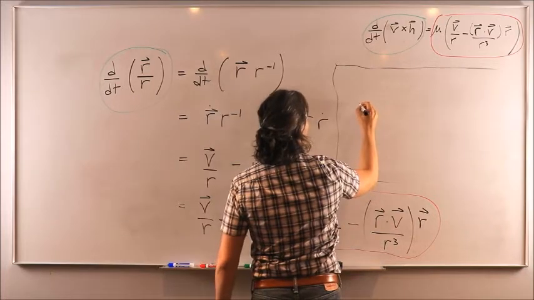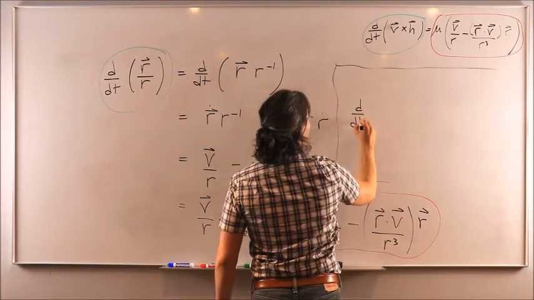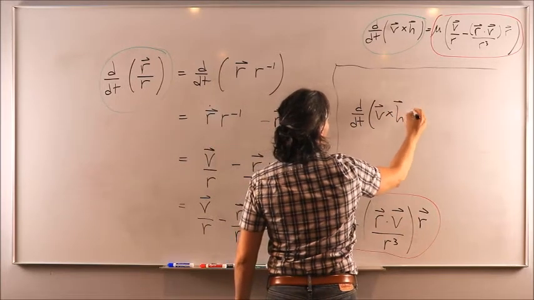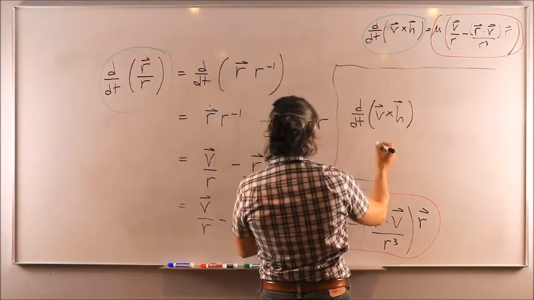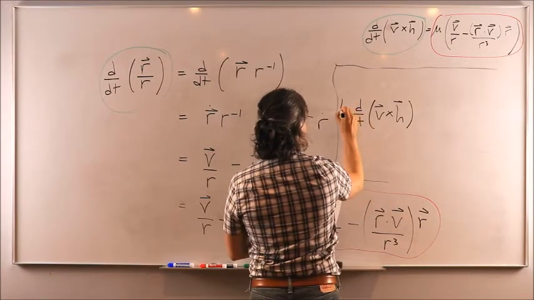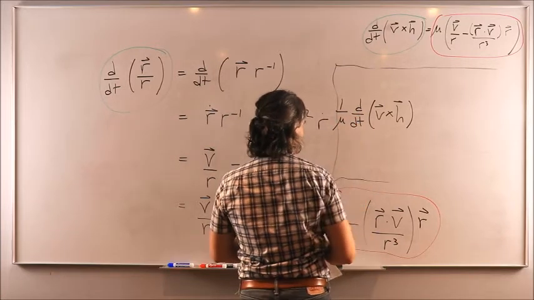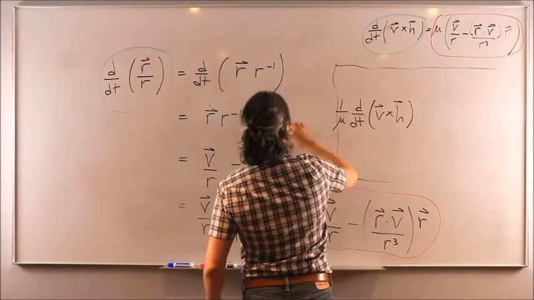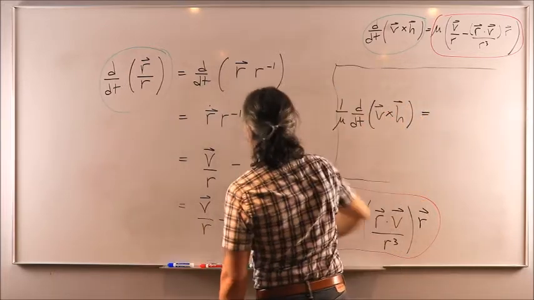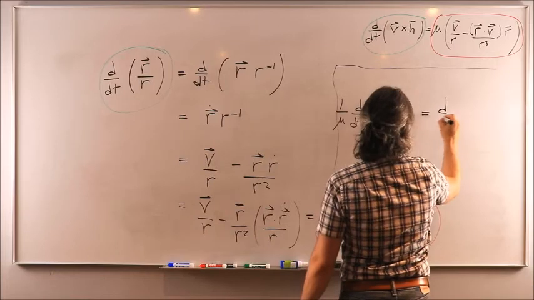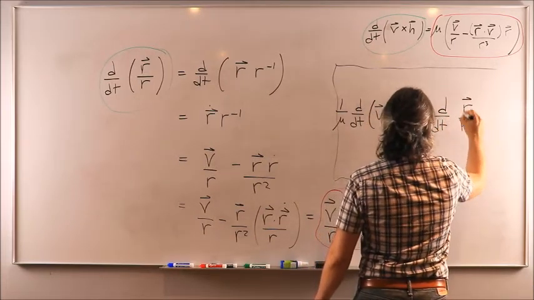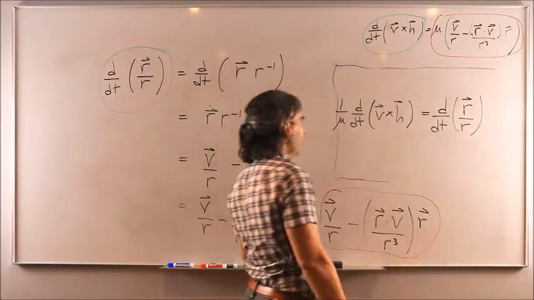Okay, so I'm going to say d dt of v cross h over mu, you can pull it in front of everything because that is a constant, is equal to the other green box, d dt of position over distance. Ha!